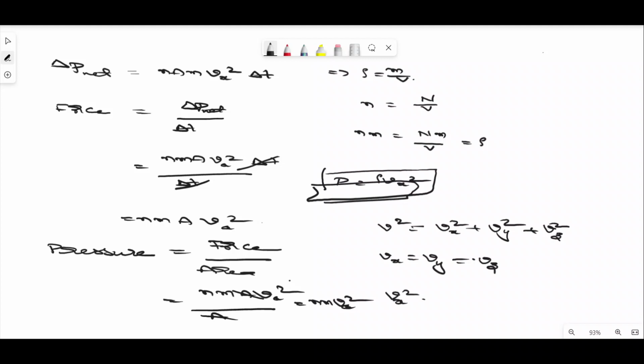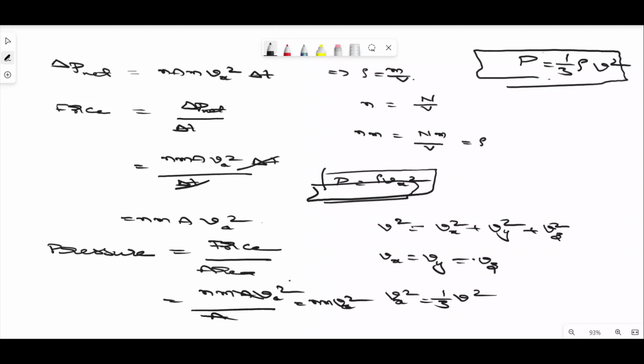So based on this we can represent that Vx square equals one third of V square. As we substitute this value in the expression of pressure, the pressure can be represented as P equals 1 by 3 rho V square.